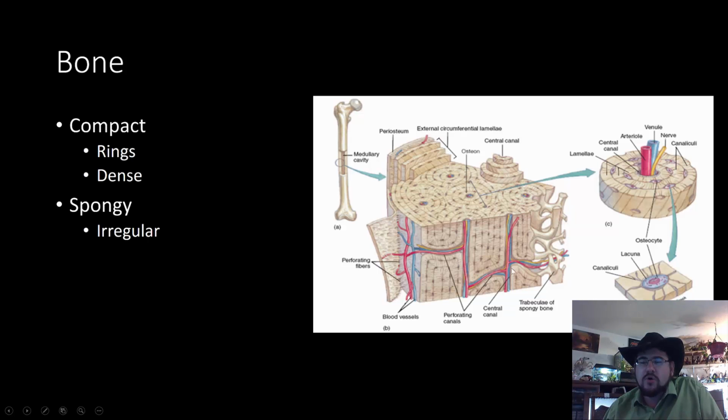Provides a lot of open space. That's important because that cavity has to contain tissue for manufacturing red blood cells and immune cells. So it's the bone marrow where we find this spongy bone, providing all that open space for the marrow cells.